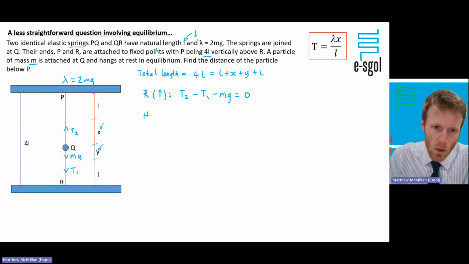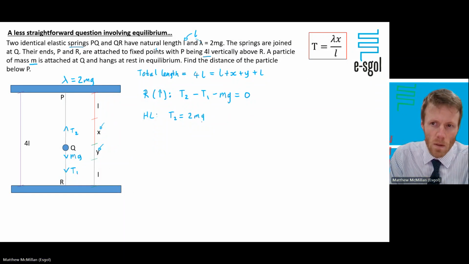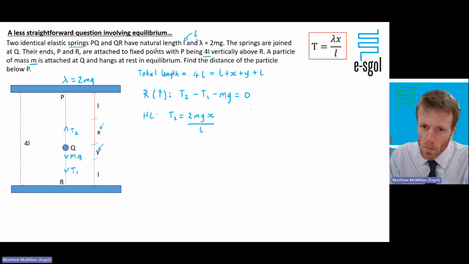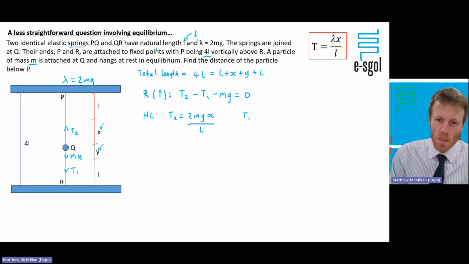Next, I'm going to think about Hooke's law. I'm going to apply Hooke's law to both of the springs. So we'll apply it to the top spring. T2 equals lambda, which is 2mg, times the extension, which I've called x, divided by the natural length, which is L. Let's apply Hooke's law to the other spring.